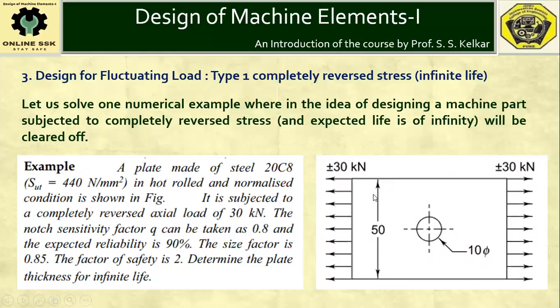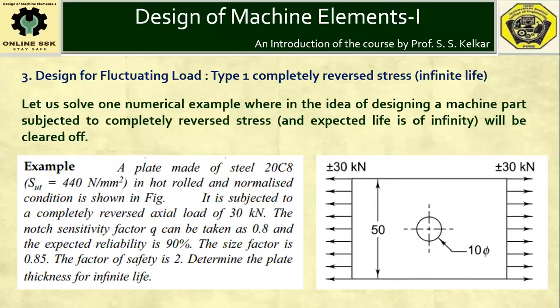The thickness of the plate is not specified. Here the plate has one hole of diameter 10 millimeters and the width of the plate is 50 millimeters. Thickness is unknown, and we need to calculate it using this type 1, completely reverse stress and infinite life.